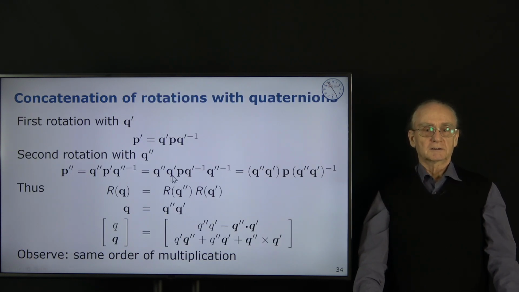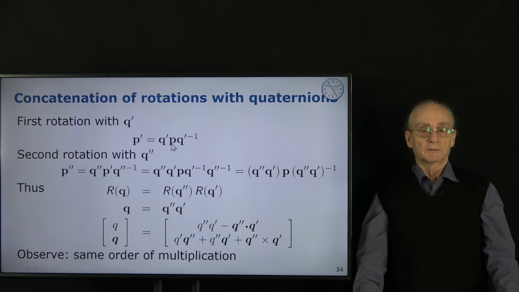So the first thing is that we look at the concatenations of rotations if we use quaternions. Let's start with the first rotation of some point P with the quaternion Q prime. So we have to multiply from the left with Q prime and with Q prime inverse from the right-hand side.